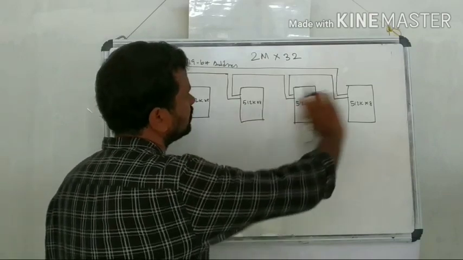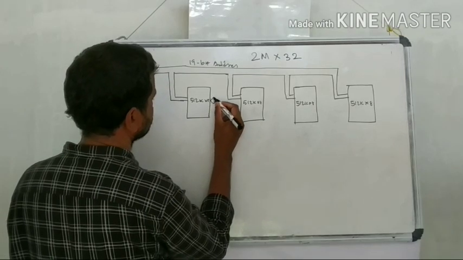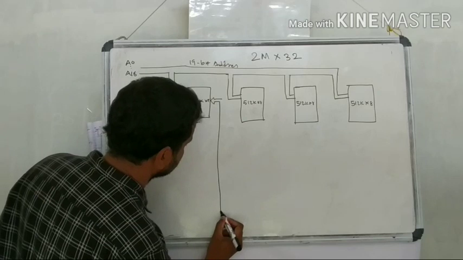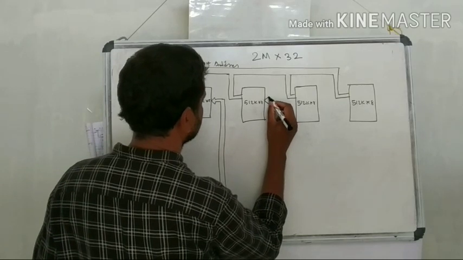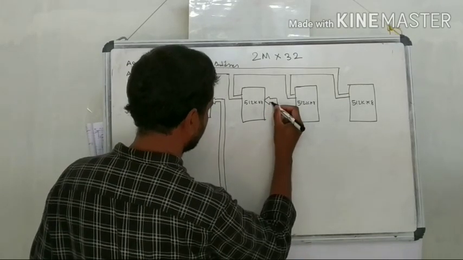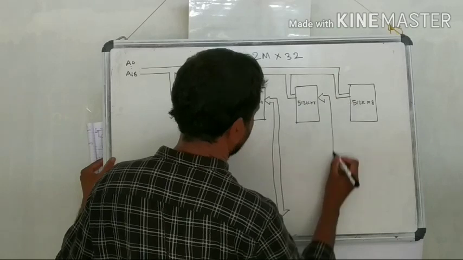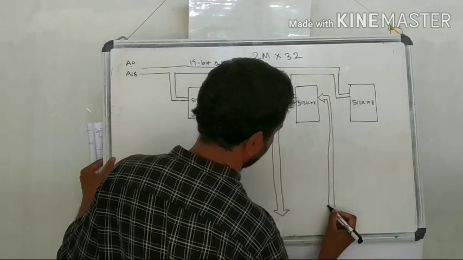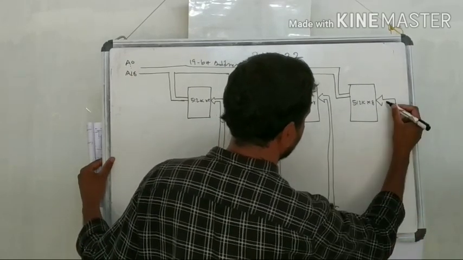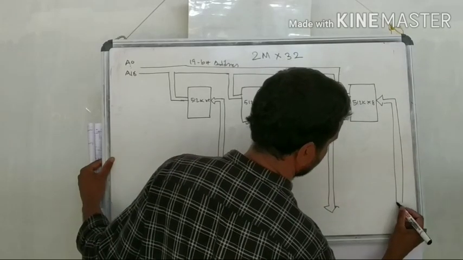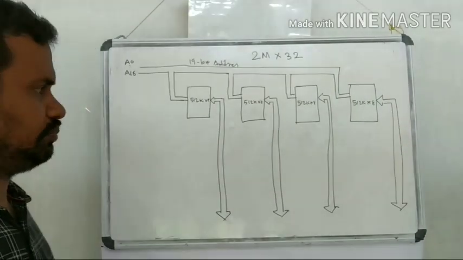We have 4 memory chips, and this is our data bus corresponding to each of the chips.